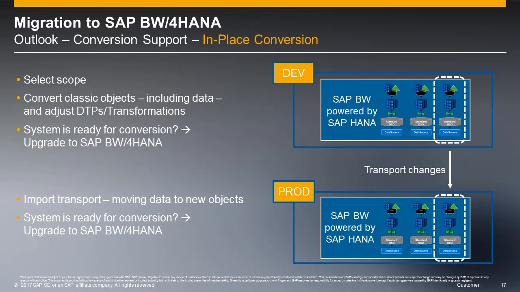The remote conversion, again, this is greenfield in the sense, right? You're carving out pieces of an existing production system, and you're transporting them to a new BW for HANA SID, and then we're transporting the corresponding data with it, and this is done primarily to, I would say, alleviate risk, right?